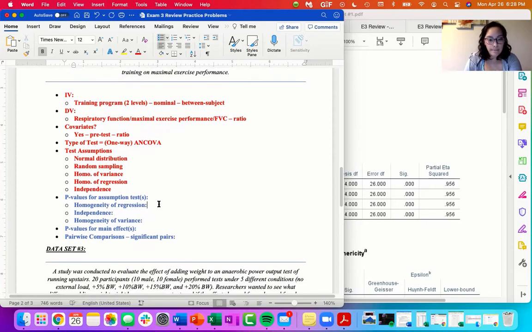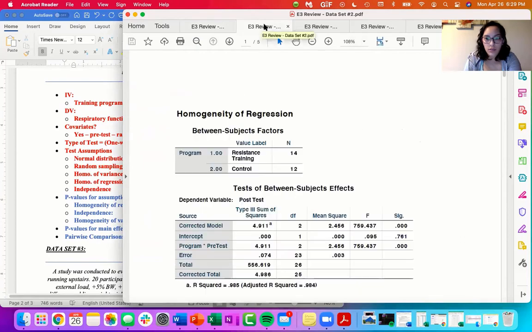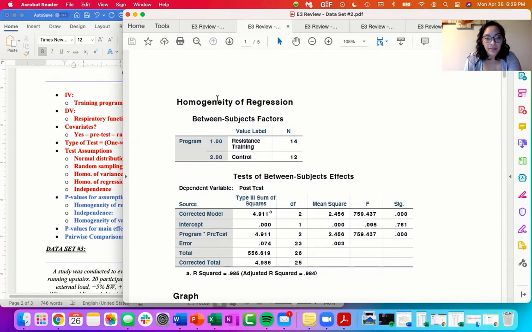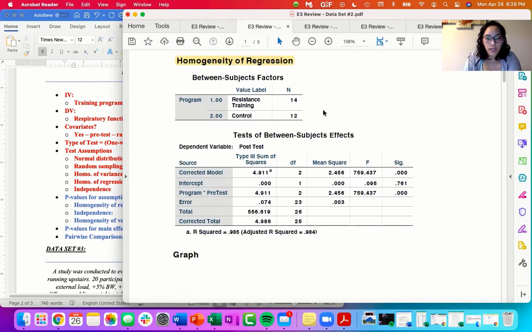Okay, so if we look at our data set 2, let me hide the meeting tools really quick. There we go. Okay, so if we're looking at homogeneity of regression, we have our test of between subject effects.